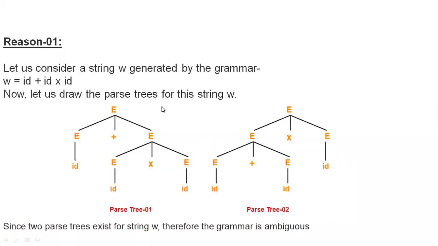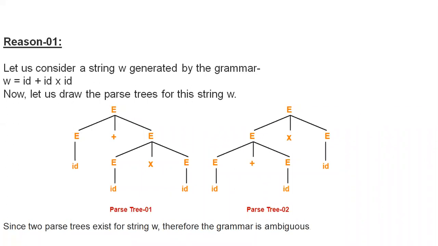Right. And see parse tree 1 and parse tree 2. For the input string ID plus ID into ID, I generated two types of parse trees. And if you generate more than one parse tree, then it can be called an ambiguous grammar, right? It is proved by generating these two parse trees.